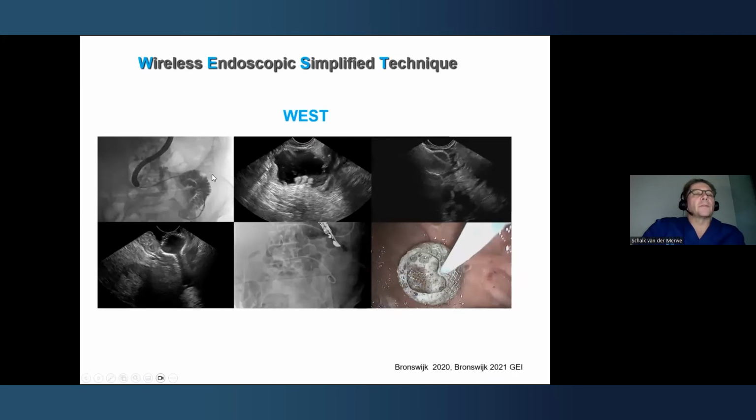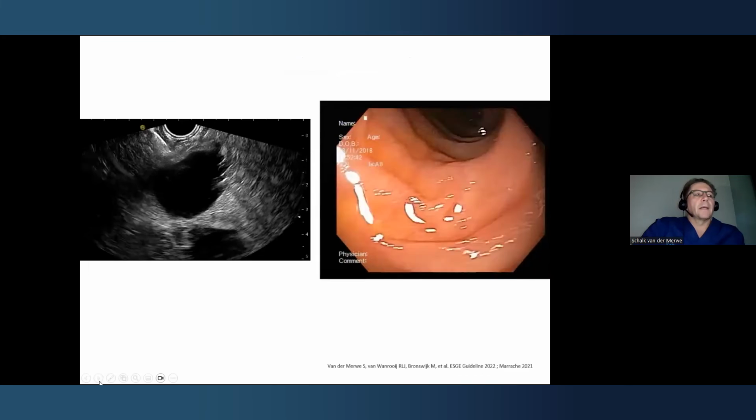Again, this is a hybrid procedure, meaning that we combine first gastroscopy with placement of a catheter to fill the jejunal loop past the obstruction. Then by filling the loop, we create a target for placement of a stent. Then, in the final step, the stent is deployed under EUS guidance to create an opening.